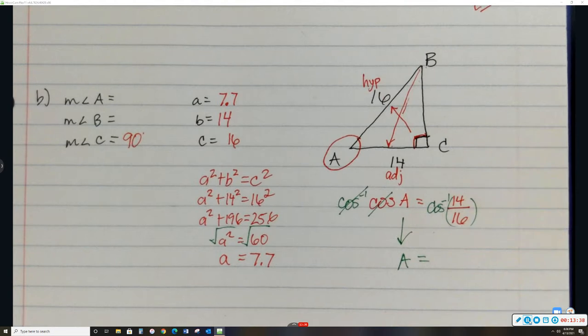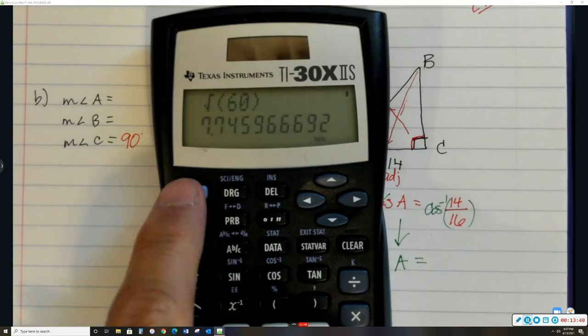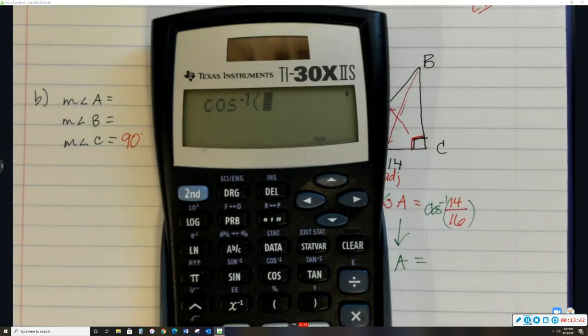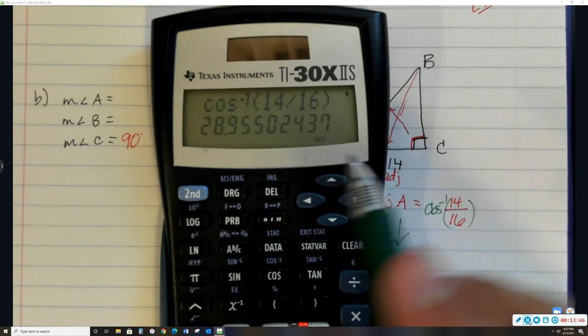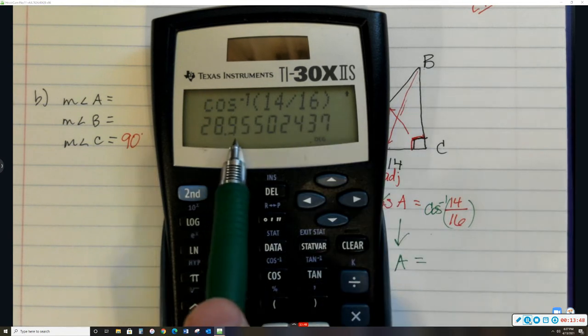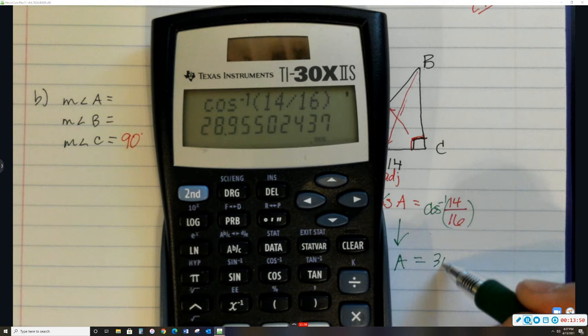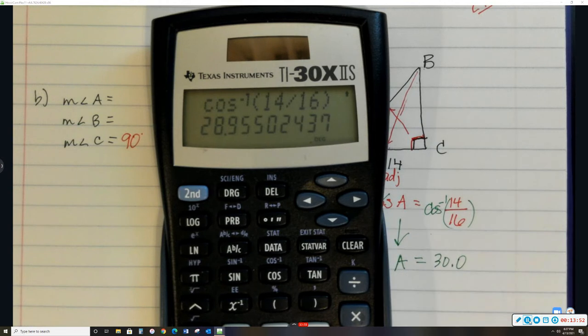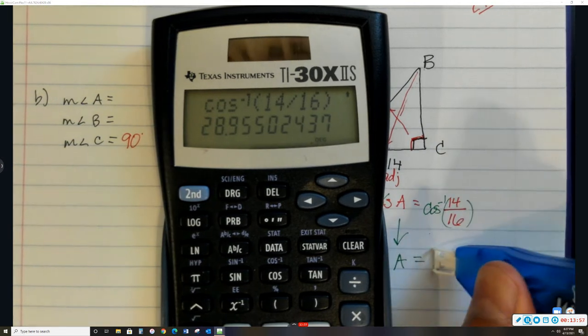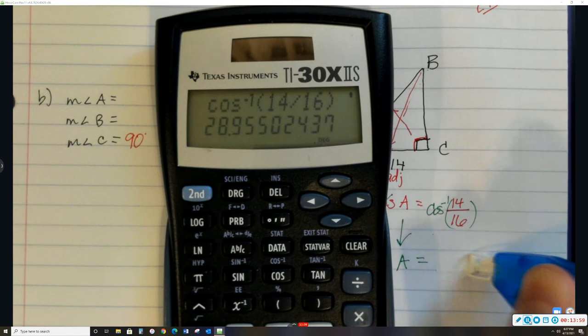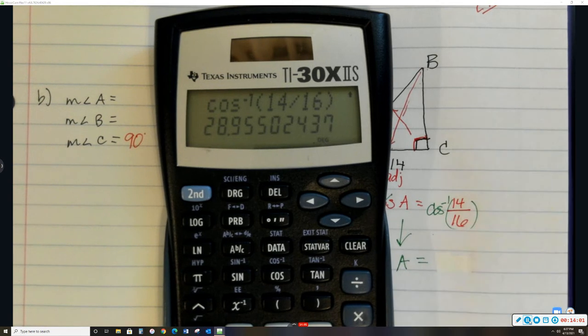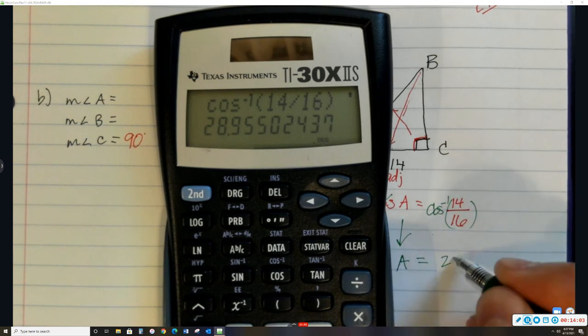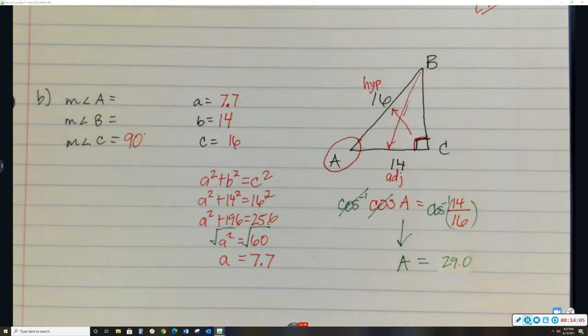And then we can just type that in the calculator: second cosine 14 divided by 16. Make sure you round to the tenths place. Well, that looks like 30, but actually not 30, it's 29.0. So that's angle A.